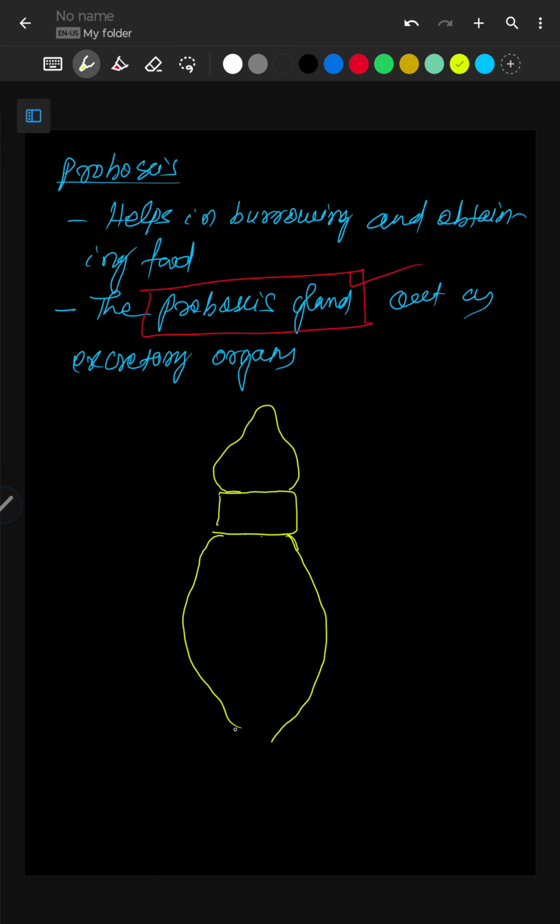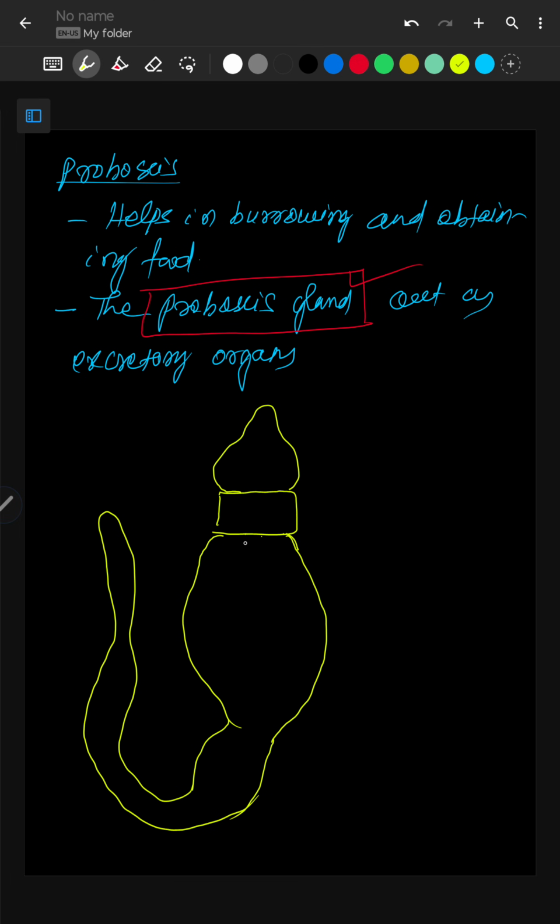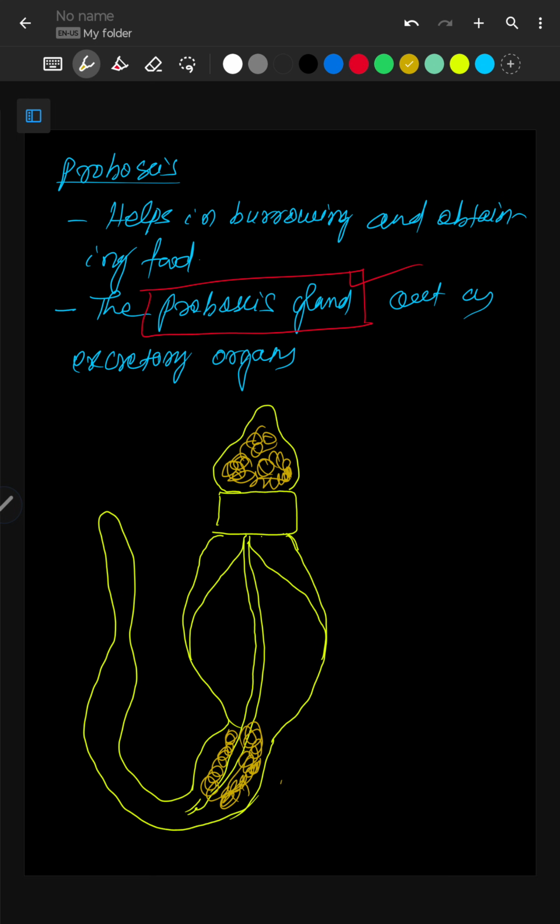Okay, it is like this. Now it is a bit better. We used a different color.